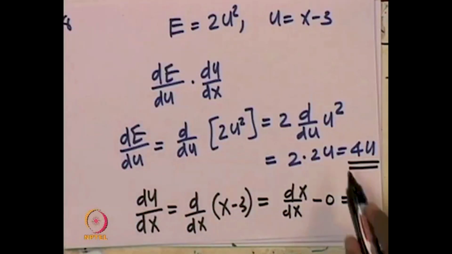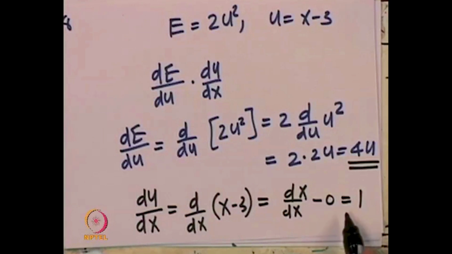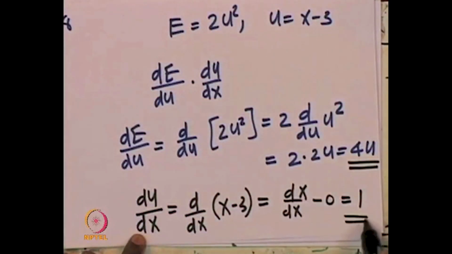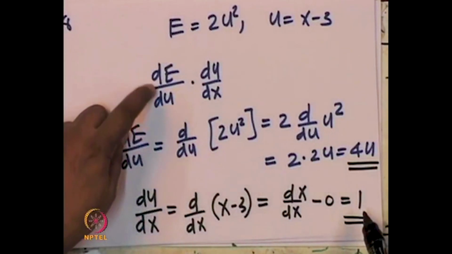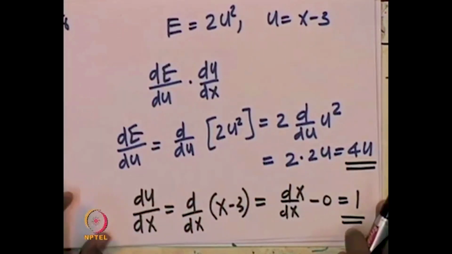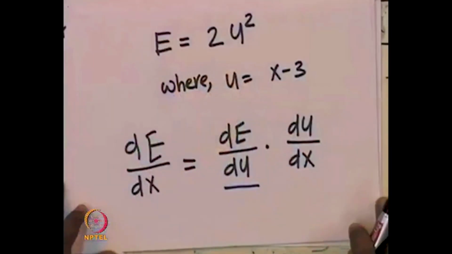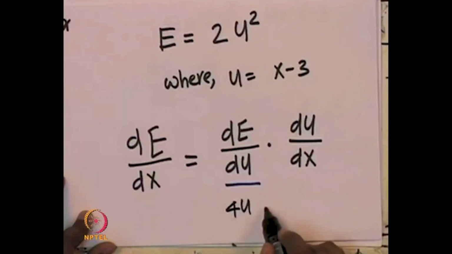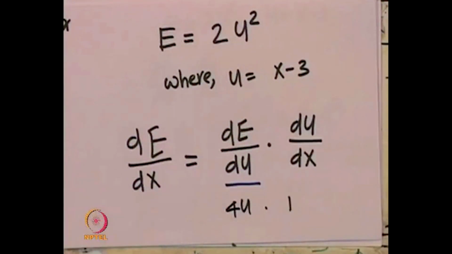So the answer we get is 4 into u times du by dx. du by dx is 1, and dE by du is 4u. So if we rewrite this, the answer is 4u times 1.